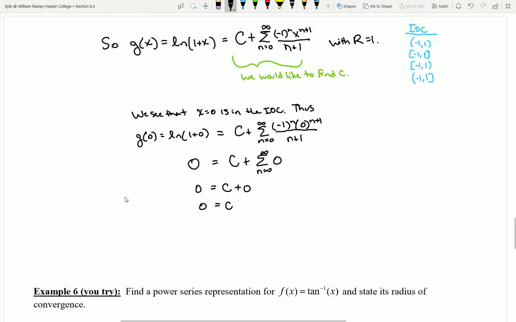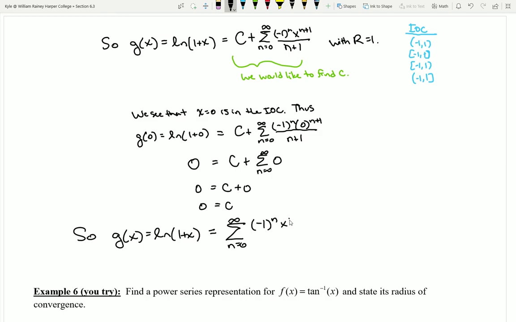And so I can make one final statement. Our g of x function, which was natural log of 1 plus x, has to be equal to just this series. The constant in front of it we found was 0. So I'll rewrite this out one final time. And there we have it.